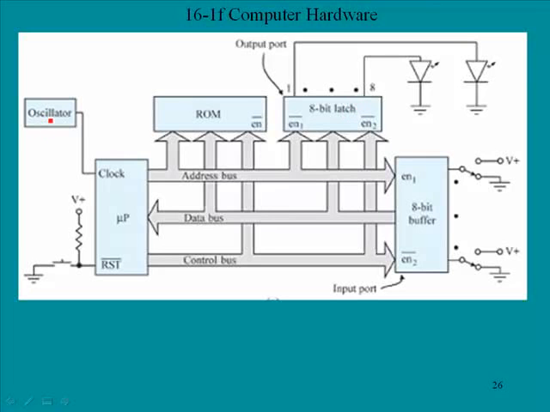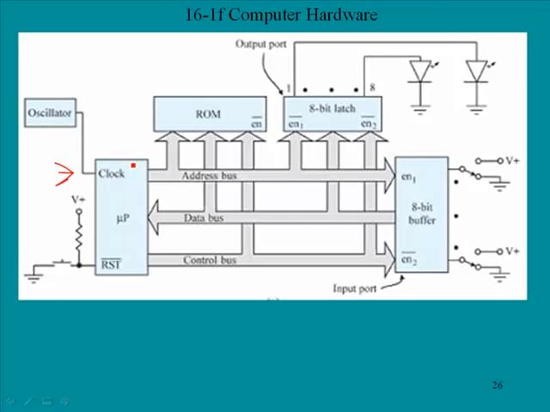Over here we have an oscillator, and this provides the clock pulse necessary for the microprocessor to operate, because the clock has to have a speed that it operates at, and this will come from an oscillator of some type. Usually this is a crystal, and very typically the crystal will start at a relatively low frequency and be multiplied several times to provide the specific clock frequency that the microprocessor is designed to operate at.